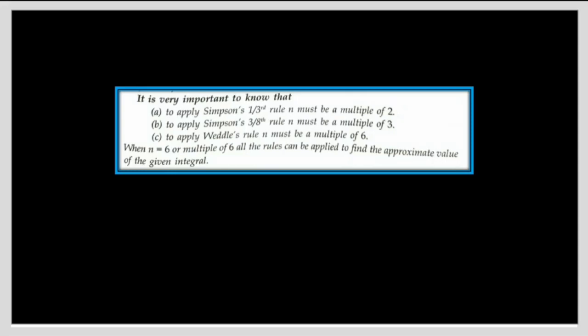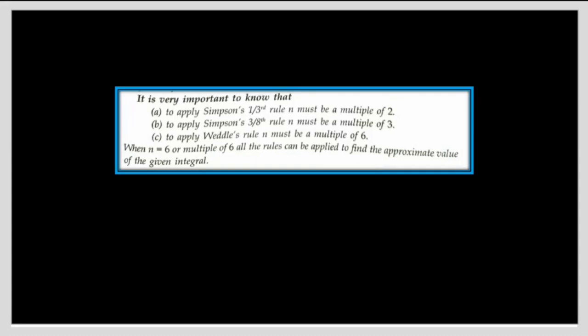If n is a multiple of 2, we apply Simpson's 1/3 rule. If n is a multiple of 3, we use Simpson's 3/8 rule. For Weddle's rule, n must be a multiple of 6.